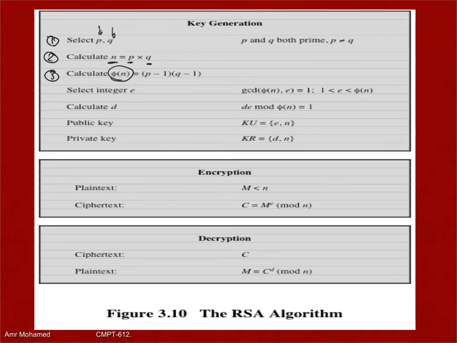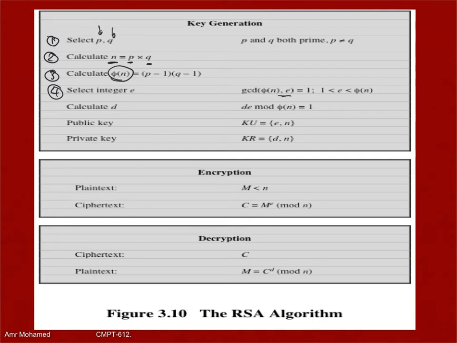Okay? Now, we need to select, again, until now, we are local in one machine, in one node. We need to select an integer E, okay? And E here is relatively prime with the totient of N. Well, if you know the totient of N, guessing E is not that difficult.